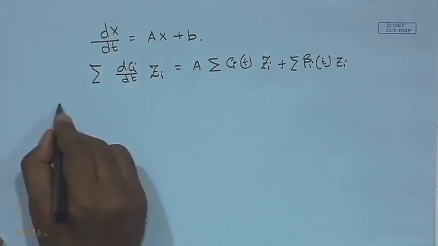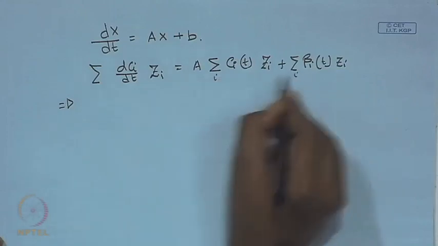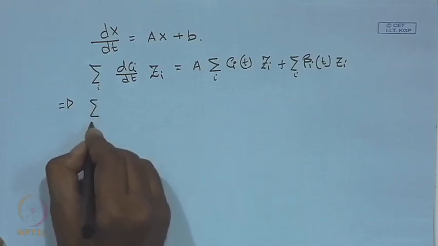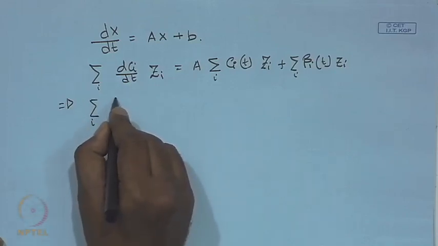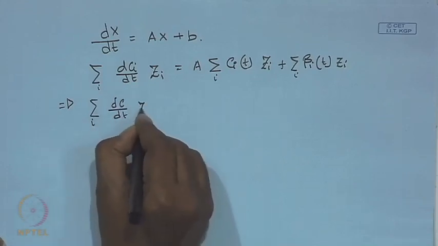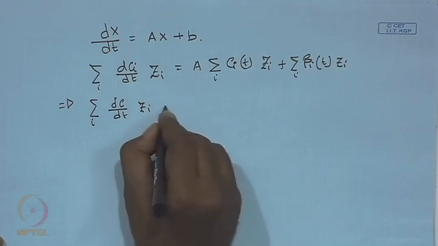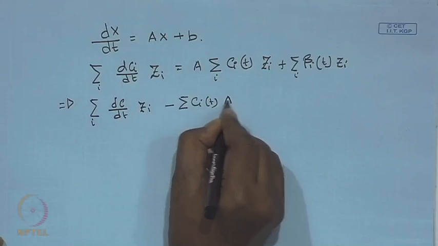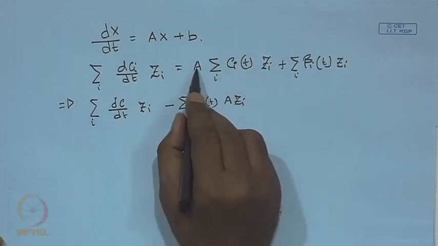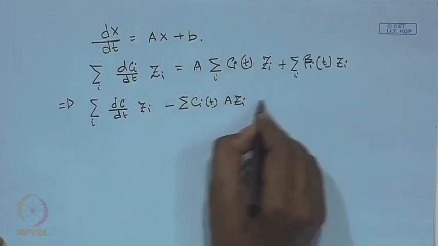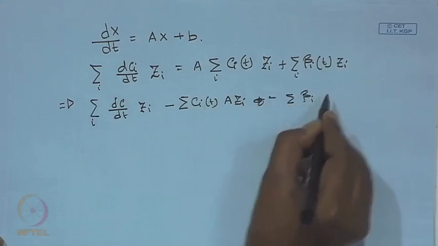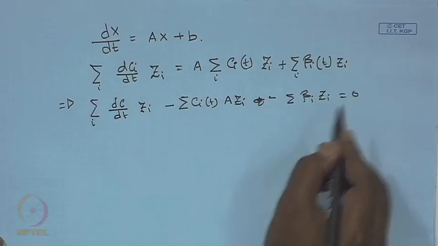So, therefore, one can bring this up on the left hand side and put everything under the summation. So, this becomes dc_i/dt z_i minus the summation of c_i(t) A z_i. Okay. So, a matrix is an operator. So, we operate on z, minus the summation of beta_i z_i will be equal to 0.